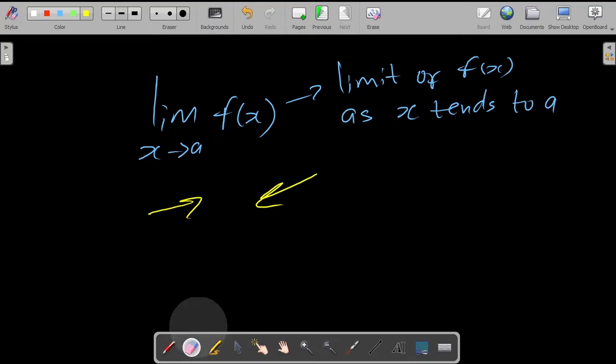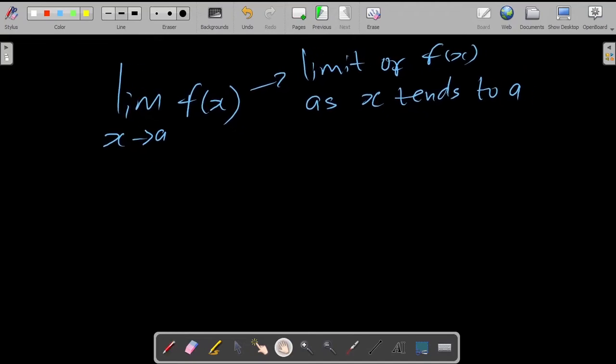The approximations can differ depending on whether you're looking at the graph from the left or from the right, but at this level, we don't really talk about stuff like that. We just approximate it based on whatever function we have in front of us. So we're talking about the limit of f of x as x tends to a.